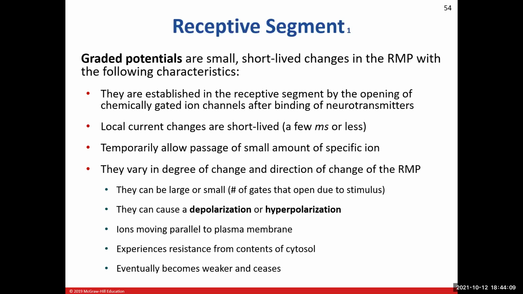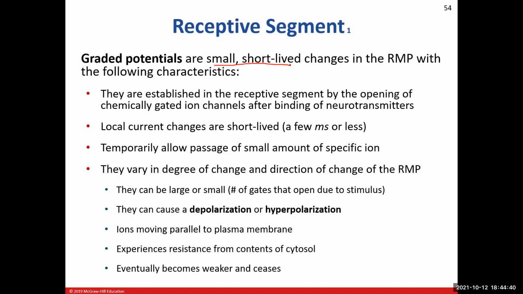We have what's called graded potentials. They're like a smaller, weaker version of an action potential. We refer to them as small and short-lived changes in the resting membrane potential. We're going to talk about how these graded potentials will hopefully get the generation and initiation of an action potential to occur in the initial segment.